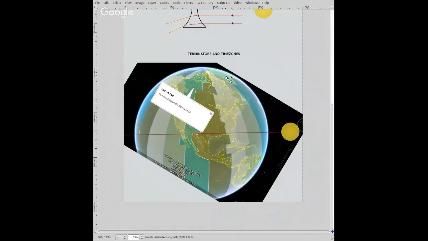The farther away you get from where you are currently, the darker it's going to be. That's the terminator line. If you shine a flashlight at a ball and hold the ball in front of you, holding the flashlight in one hand, pointing straight at the ball, the terminator line, the shadow line, will be exactly in line with that light, always. And I showed that in my moon video. If you shine a flashlight at a ball, the line is going to be straight.